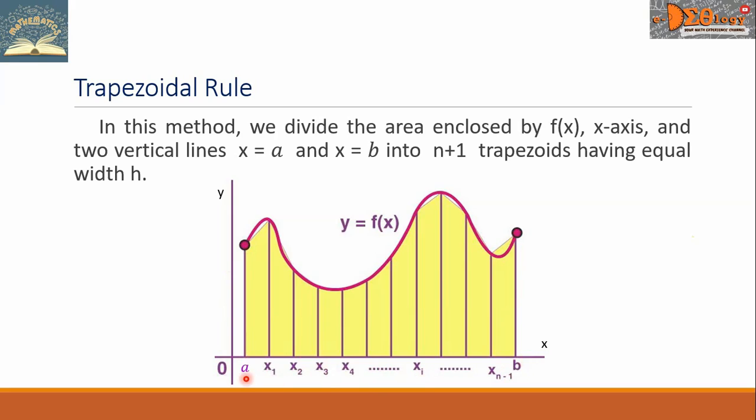So we have a, then x sub 1, x sub 2, x sub 3, x sub 4, up to x sub i. Then we have x sub n minus 1. And the last is b. In here, a is considered to be x sub 0 and b is x sub n.